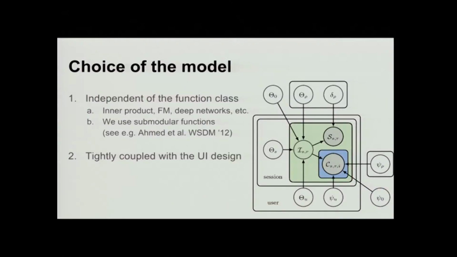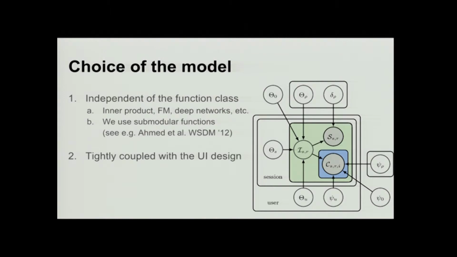A few comments about this model. First of all, the choice of model can be largely independent of function class. That is, you can use any emission model you like. For example, you can use decision trees, inner product, factorization machine, etc. All of them can be used in this framework.